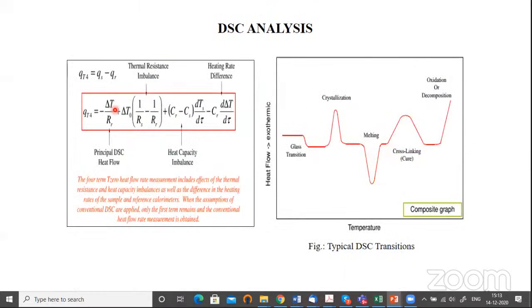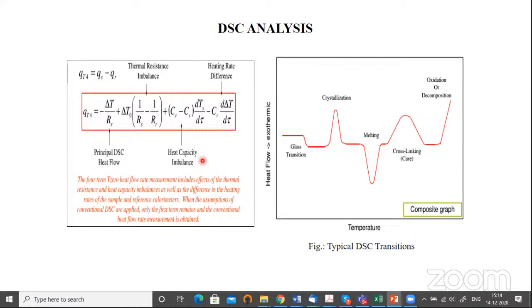And then we know how this DSC works. Principally, there will be one part which is the heat flow, known as the principal DSC heat flow. And then there will be the heat capacity imbalance, which is governed by the phase change material's property of storing or discharging heat.